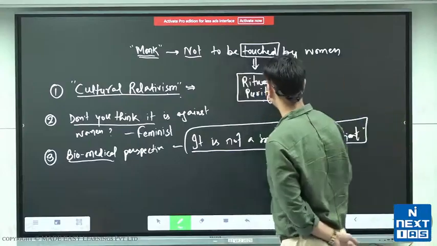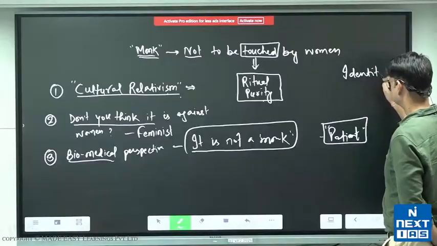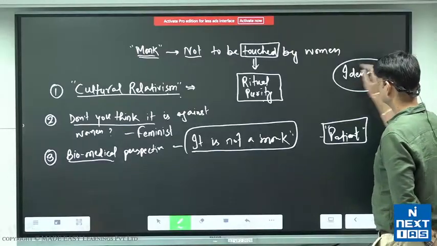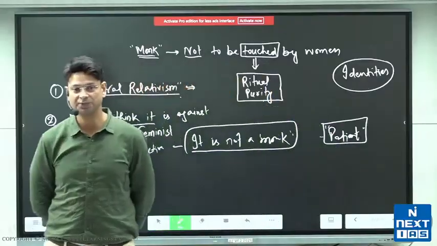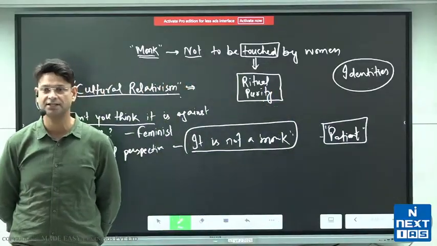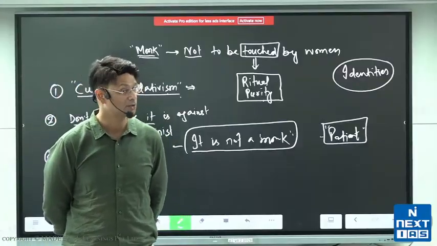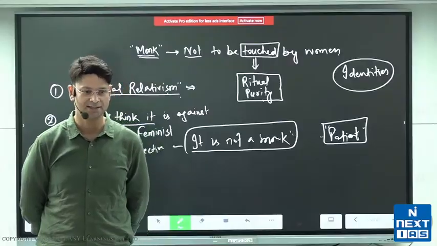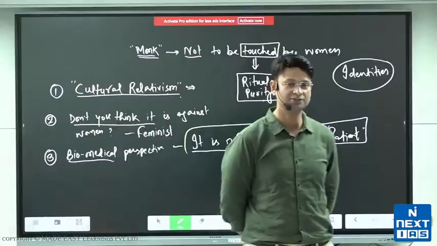That means we deal with identities of humans. Okay? And we simply believe that biology is not just the destiny. Society creates its own meaning and gives that meaning to the people.